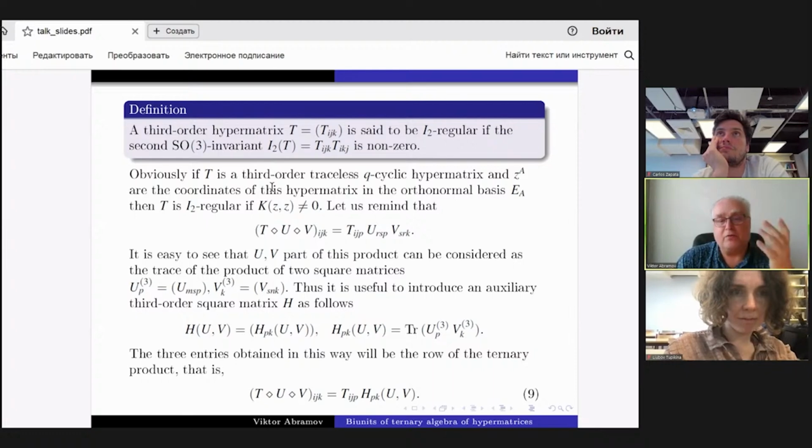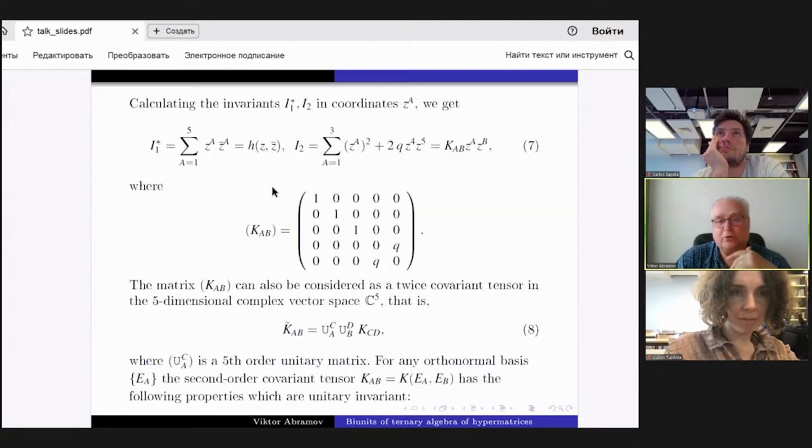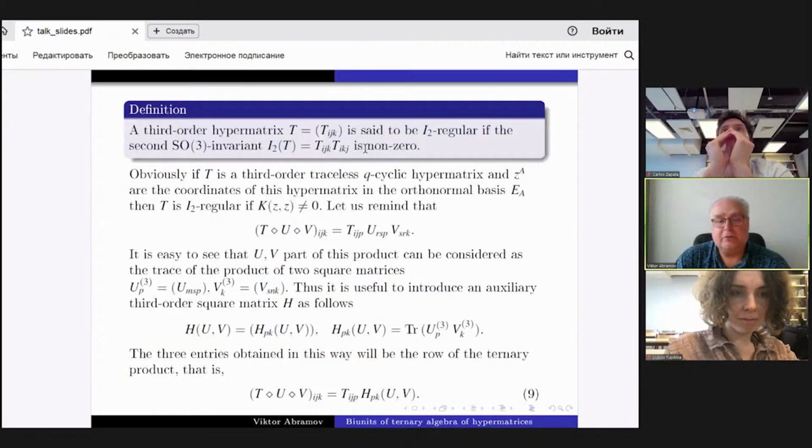It's the same, it's equivalent. So if this second invariant is non-zero, then I call it regular. Why? Because now I look at the ternary triple product, which is different from the fifth product.